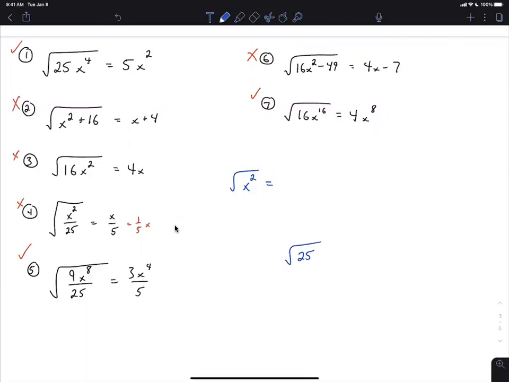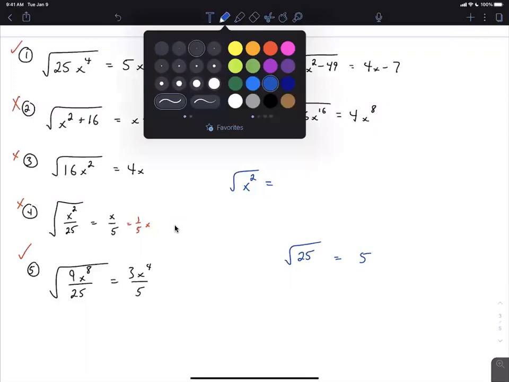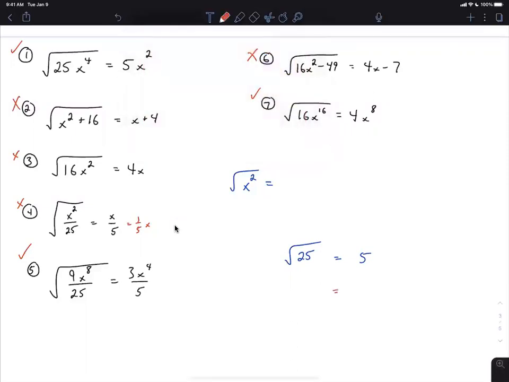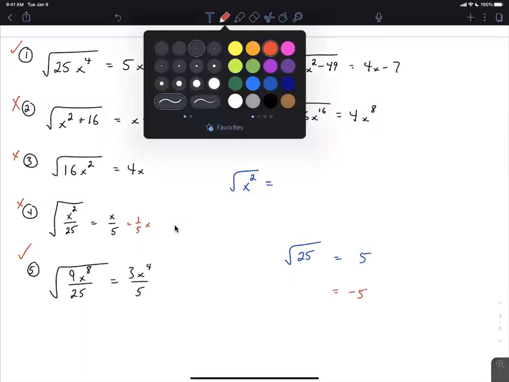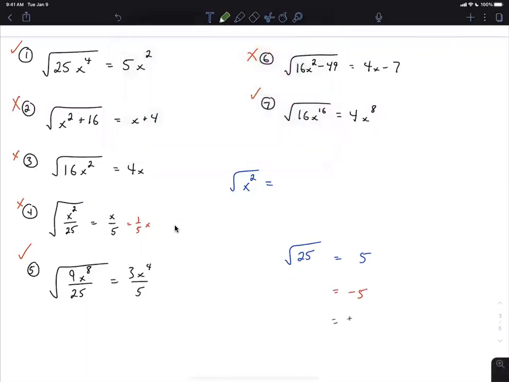Okay, so who thinks it's 5? Who thinks it's -5? And who thinks it's plus or minus 5? I'm curious. Type in the chat, and I won't judge you if you're wrong. A, B, or C. A is just 5, B is just -5, C is plus or minus 5.